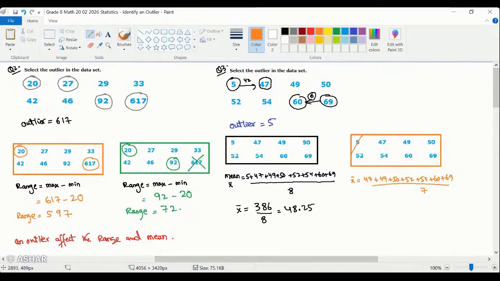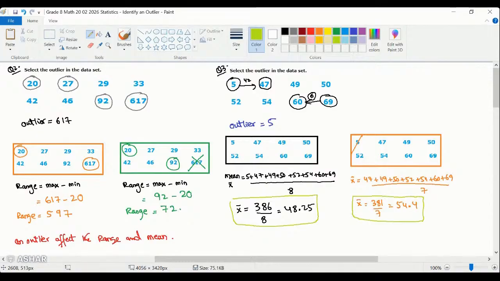The total came out to be 381 divided by 7. And this comes out to be 54.4. So we can see that the mean, which was originally 48.25, if we remove the outlier, the mean changes by a lot, 6 units.